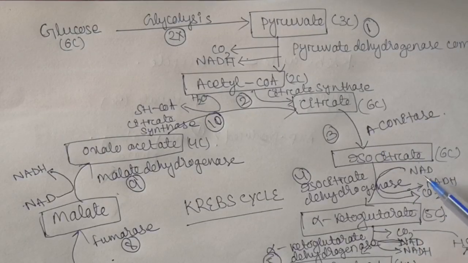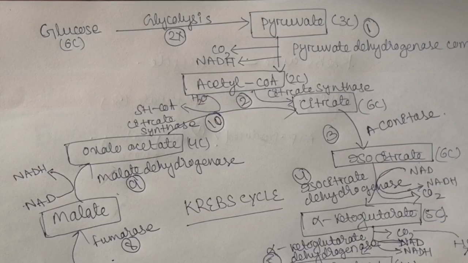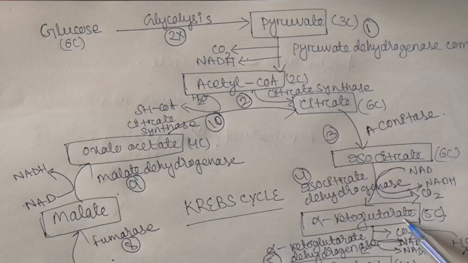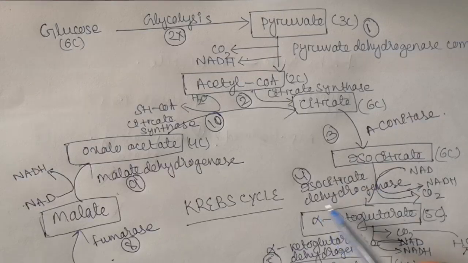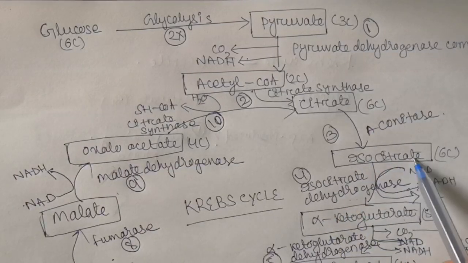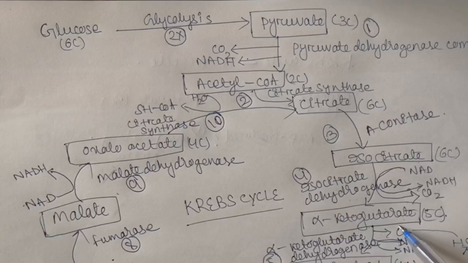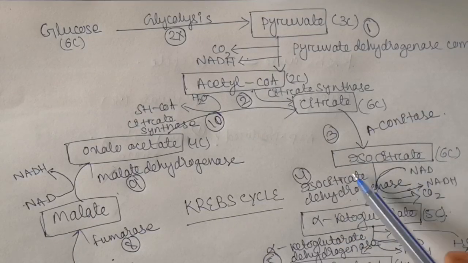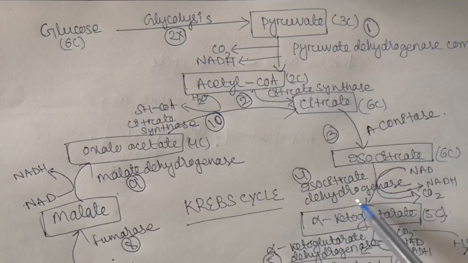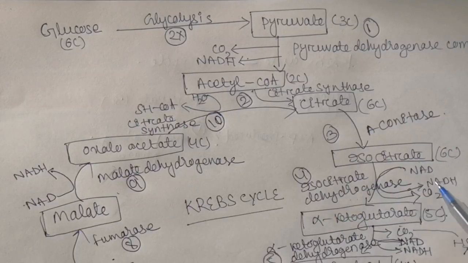Then isocitrate is oxidized into alpha ketoglutarate by the enzyme isocitrate dehydrogenase. Here the 6 carbon isocitrate is converted into the 5 carbon alpha ketoglutarate.